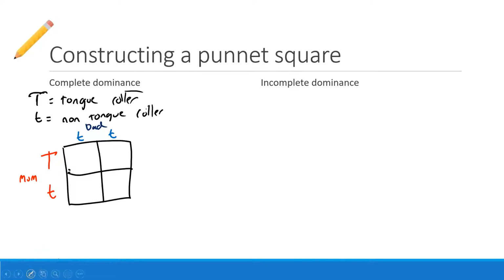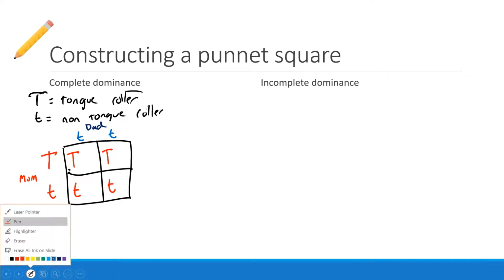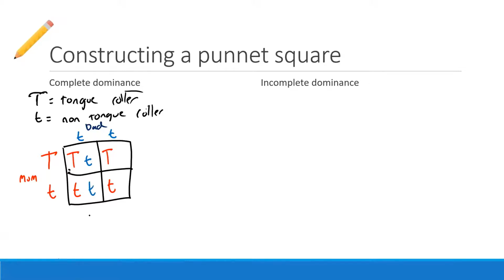How do their genes go? Well, the mum can either give an uppercase T or a lowercase t. The dad in this case can only give a lowercase t or a lowercase t.